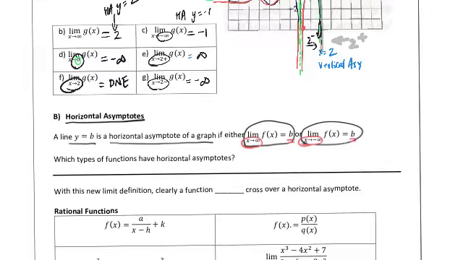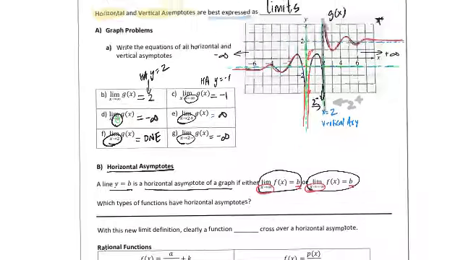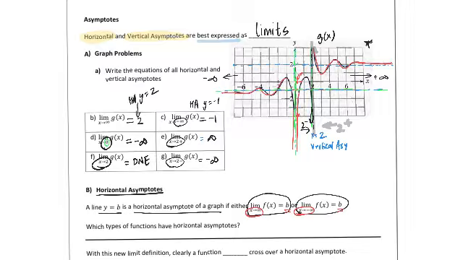We saw that in the graph example a minute ago: both this line up here and this line down here are horizontal asymptotes, because in the first one, as x goes to infinity, y went to 2, and in the second one, as x went to negative infinity, y went to negative 1. So if either of those two things happens, then we have a horizontal asymptote.